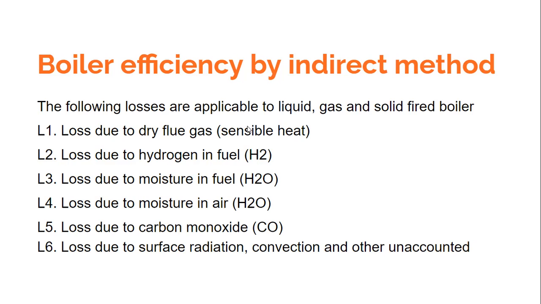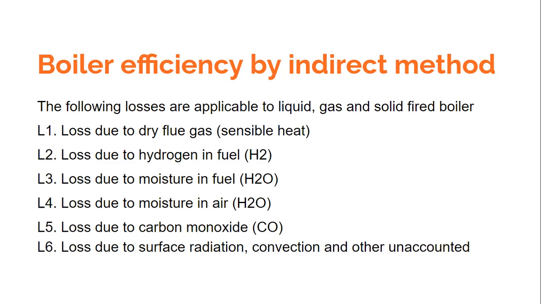Okay. Then there is a loss due to hydrogen in the fuel. Now what is this? How does hydrogen contribute to the loss? The hydrogen which is there in the fuel, and which we know from the ultimate analysis of the fuel, gets oxidized during combustion and it forms water vapor. So when this water vapor is formed, there would be the heat loss, both for latent heat.